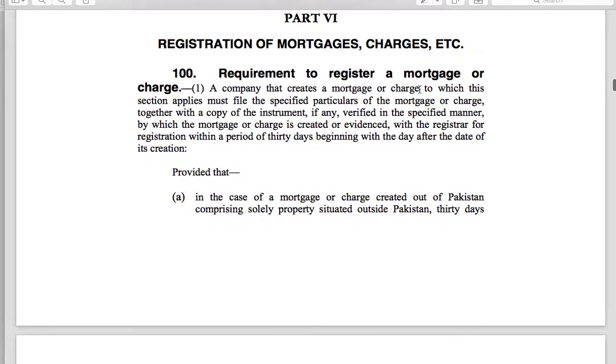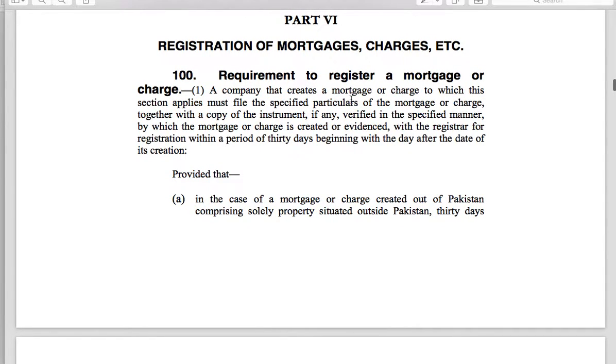Now, if a company takes on a loan and mortgages or pledges its fixed assets or its circulating capital, then these are the rules: all those mortgages and charges have to be registered with the registrar, because a public company file can be inspected by any person.